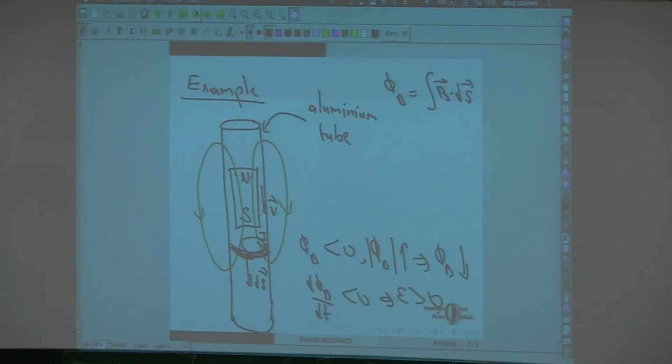If the magnet is moving fast, the flux at a given area will be changing fast. If the flux is changing fast, the EMF will be larger. If the EMF is larger, then these induced currents will be larger. But if the induced currents are larger, there will be a larger force acting on the magnet. So the magnetic force will get larger as long as the magnet is increasing its speed.